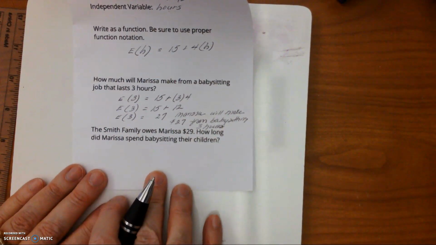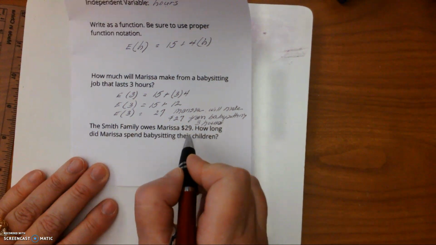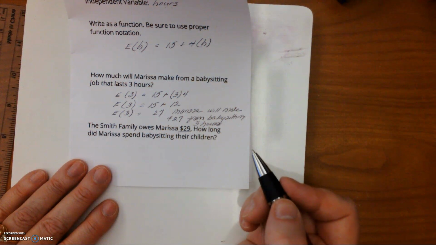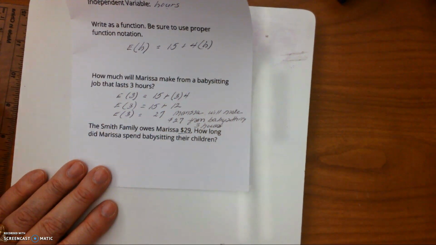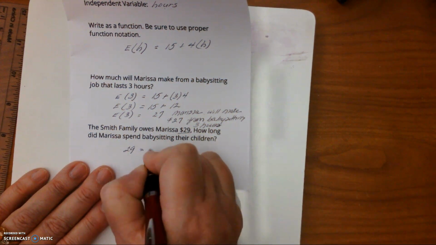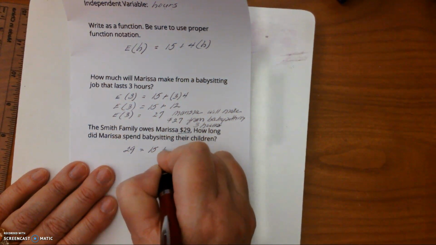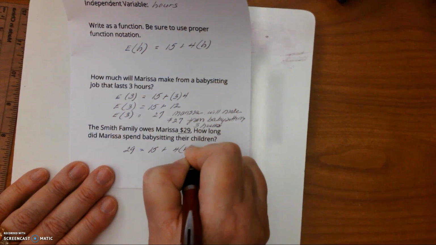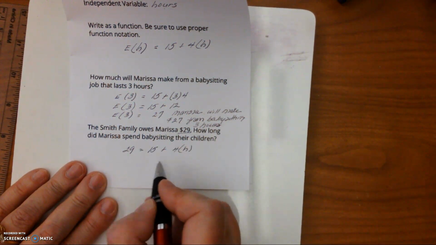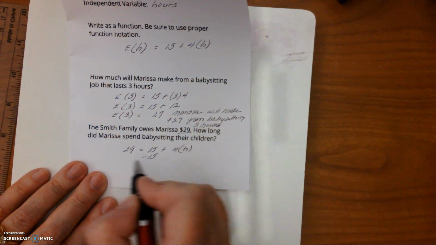Now the last one, the Smith family owes Marissa $29. How long did Marissa spend babysitting their children? So we know she made 29 equals 15 plus 4 times h. So we're going to have to solve this equation. So we want to get rid of the constant.